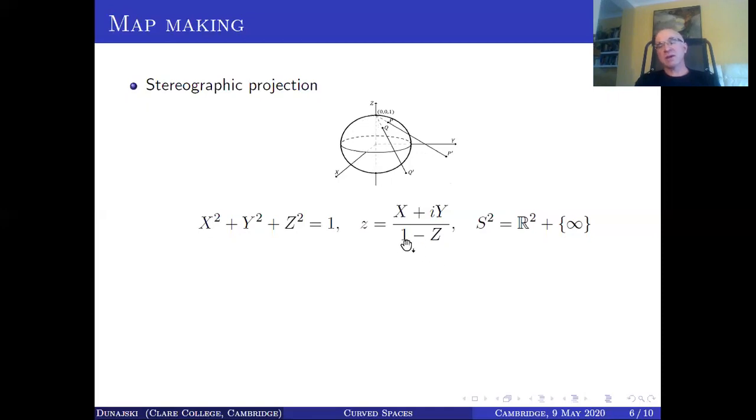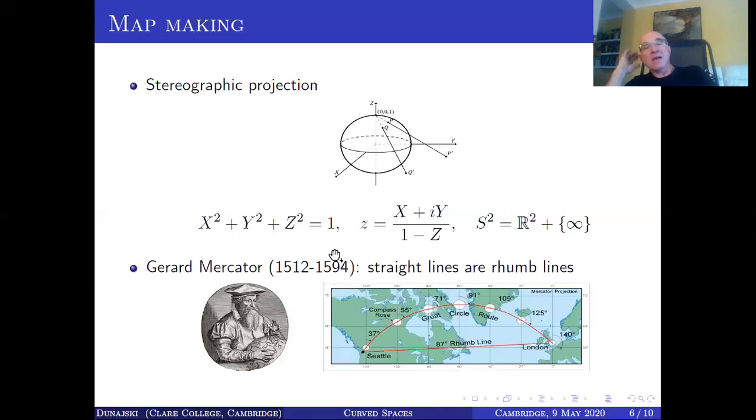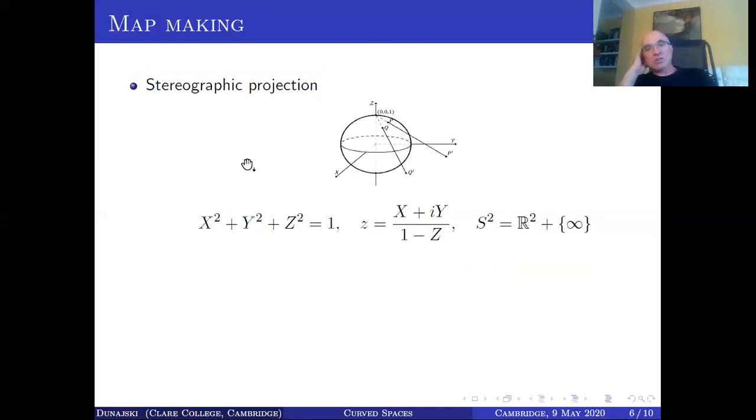So z is never equal to 1. Now, this procedure wouldn't be any good if you wanted to make a map which fairly accurately represents distances. And that's because the regions close to the North Pole are mapped into huge regions of infinite area on the plane.